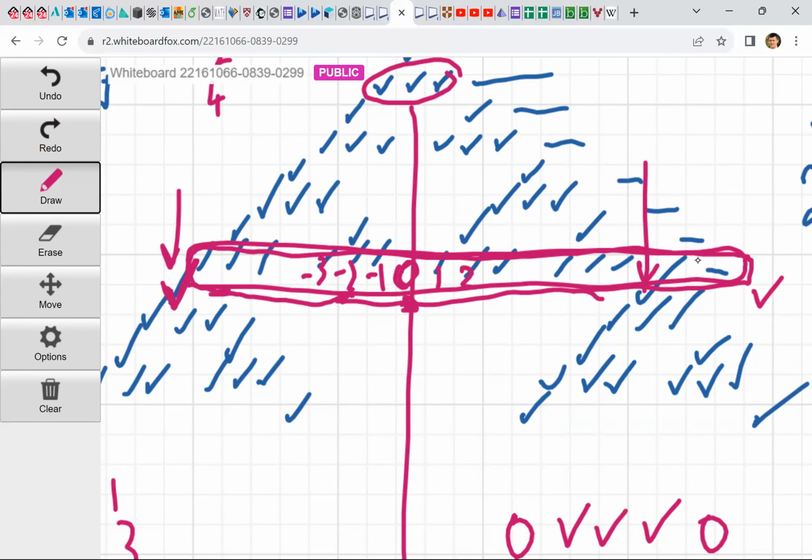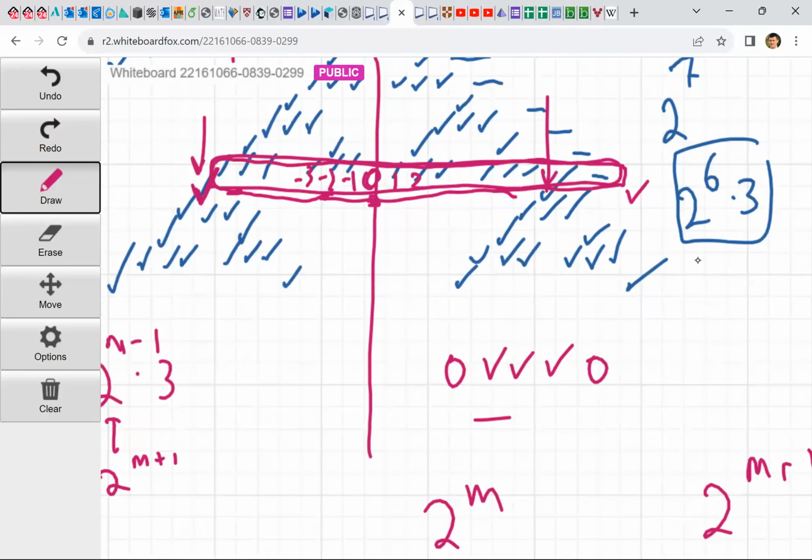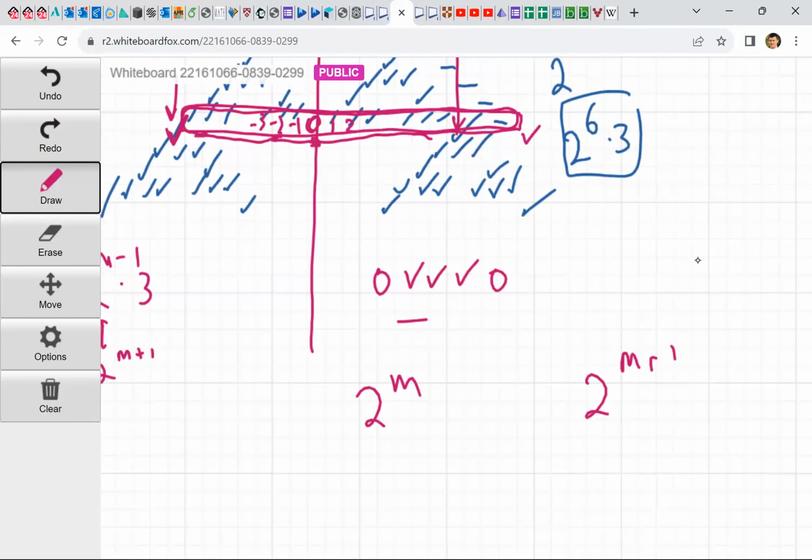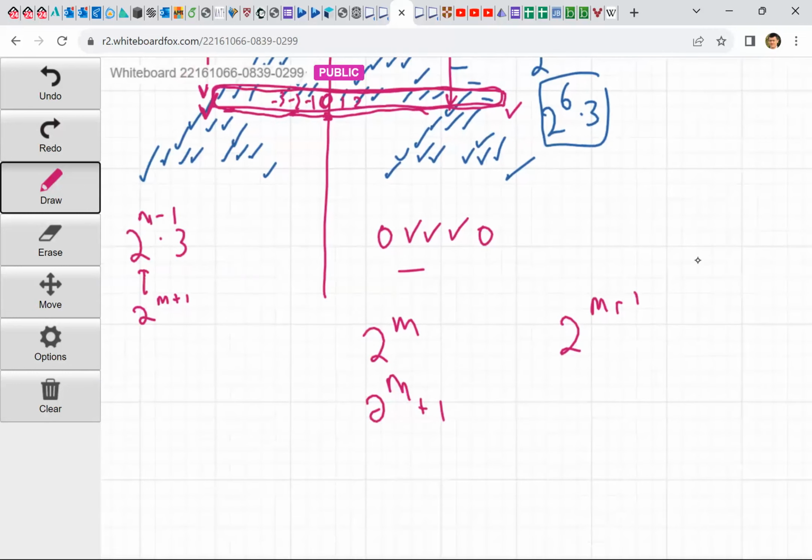So you can deduce that the next row, the 2^(m+1) row, has ticks exactly at the 2^(m+1) and minus 2^(m+1) places, right? That makes sense, and it's all empty everywhere else.